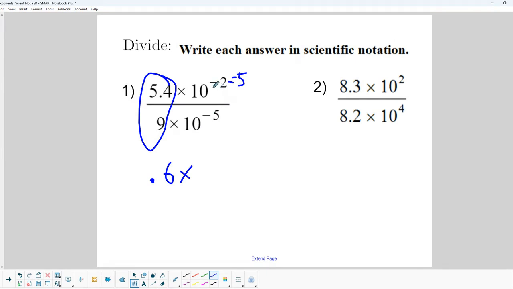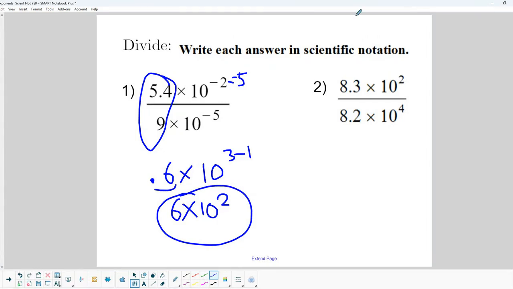So that ends up being -2 plus 5. So that would be 0.6 times 10 to the third power. But then we have to move the decimal over so we have one non-zero digit. And when we do that, we have to subtract 1 from the exponent. So that gives us 2.